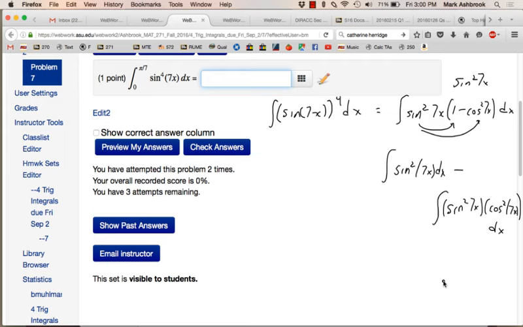So if I pulled out a sine 7x, then what I'm left with is sine 7x times cosine squared, and that's problematic because I can't write sine 7x in terms of cosine 7x. I can write sine squared 7x in terms of cosine, but I can't write just sine 7x. So in terms of undoing the chain rule, sine squared times cosine squared doesn't work.